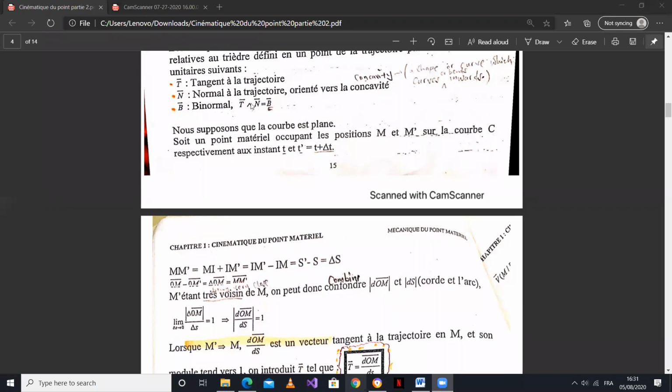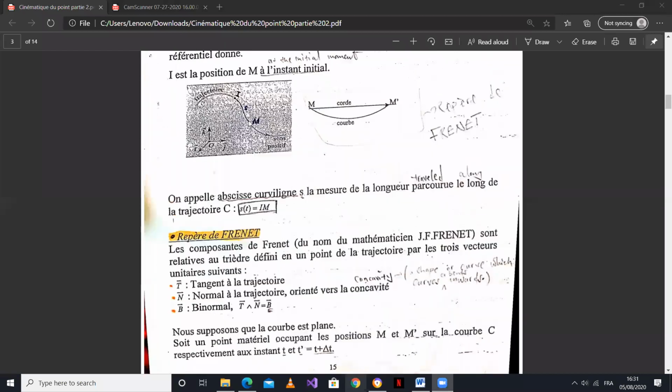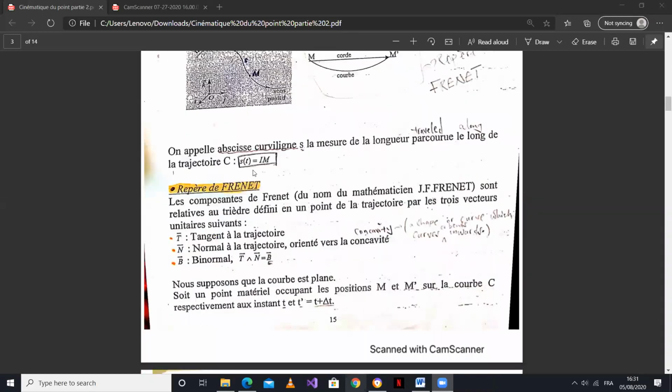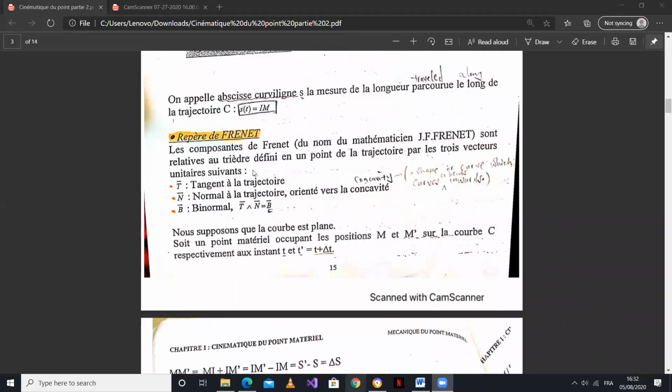So I want you guys to try and picture where these things are coming from, okay? When you get a point M prime very close to M, the line that you draw, that is supposed to be your chord, is almost going to be on the arc itself, and acting like the tangent at that point. And that's why we have T as being equal to d OM over dS.